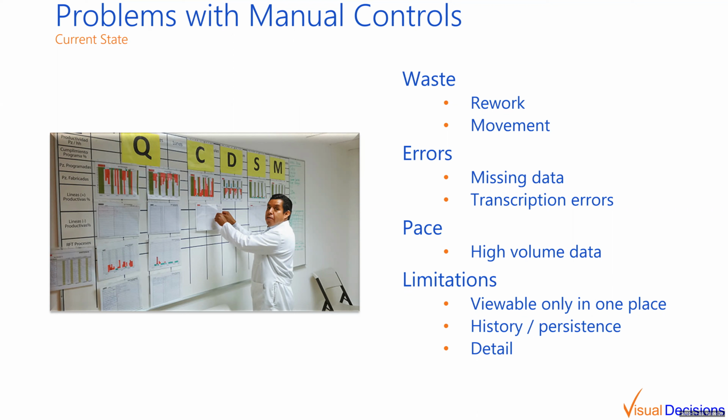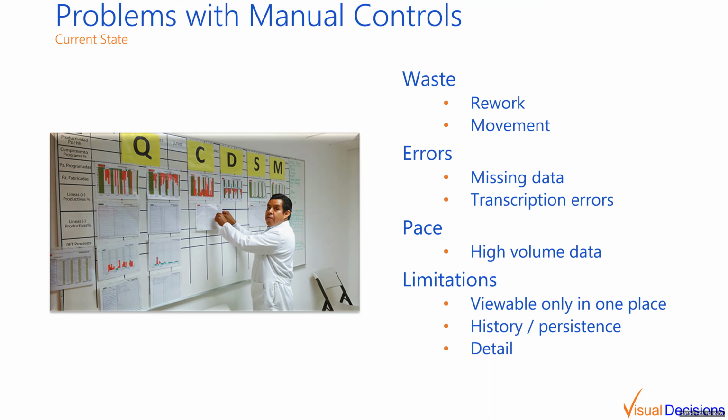And looking at this gentleman again, I would argue that what we see is an example of the 8th waste, or underutilization of human potential. I'm sure that he could be doing something more valuable with his time than putting printed sheets into a magnetic holder every single day. So that waste is one of the problems with manual controls. For people to walk to the boards and enter information or read information requires wasted movement.